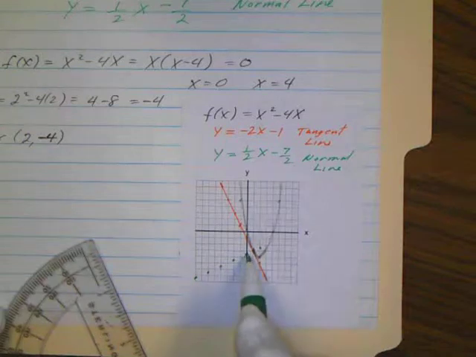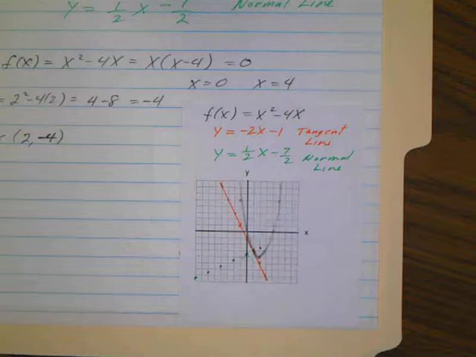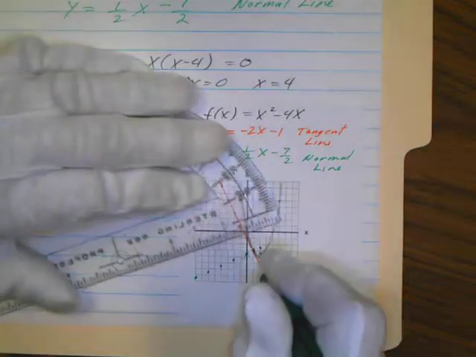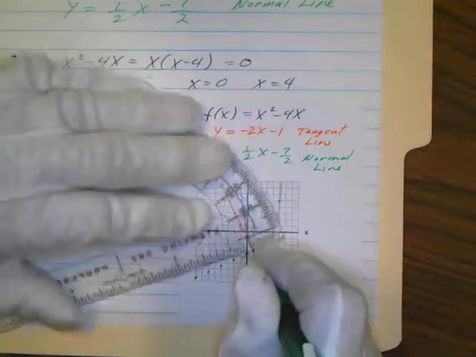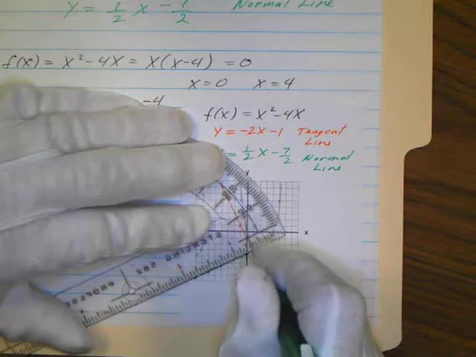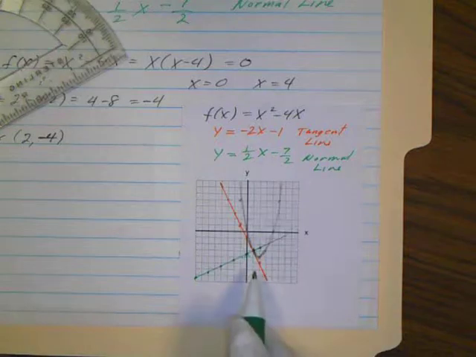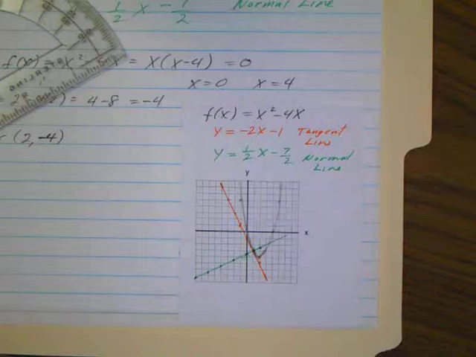Or I can go negative 1/2, so I can go down 1, back 2, down 1, back 2, and that's going to give me the negative 1/2. So I can draw my normal line in there. And you can see that's a nice right angle. So there's your tangent line in orange and your normal line in green.